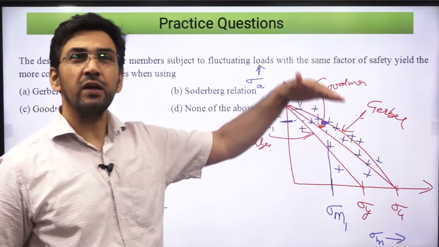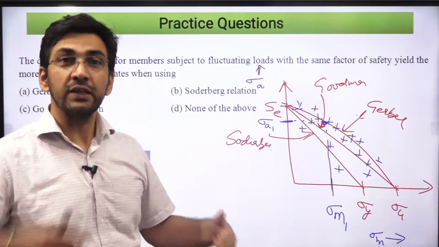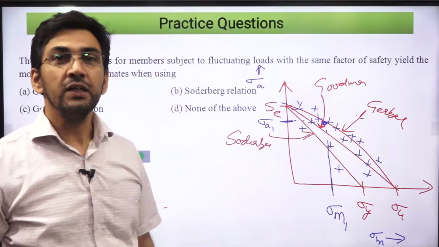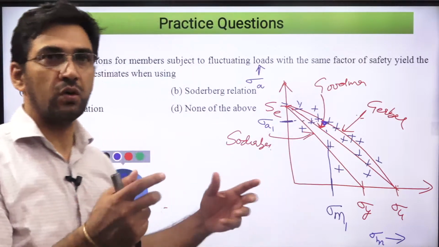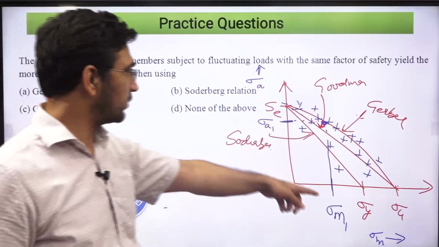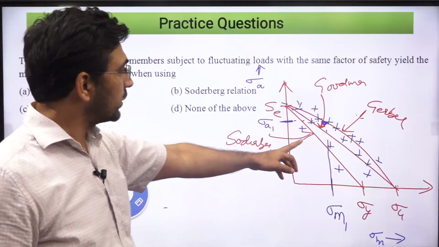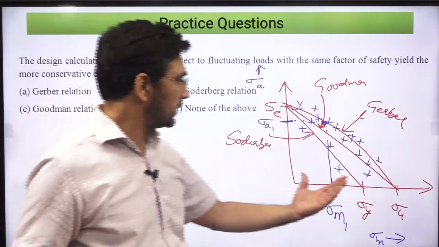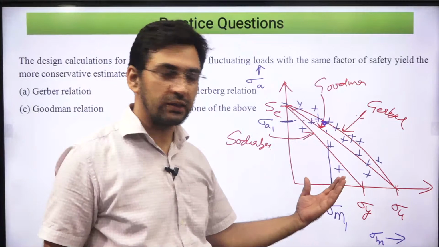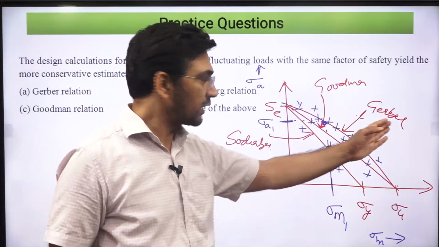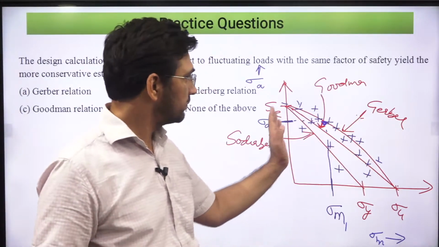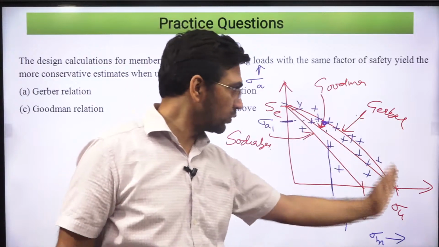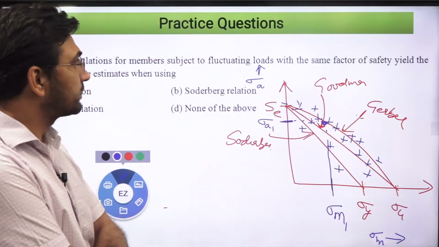You are taking the failure at a very low value, whereas actually the failure will take place at a higher value of the combination of stress amplitude and mean value of stress, right? So that is why we are saying this is the most conservative. Now, when we say he's playing safe, that means he's very conservative. Gerber is the least conservative, because he's going through almost the maximum failure points.